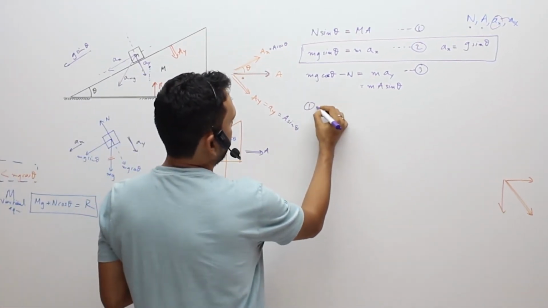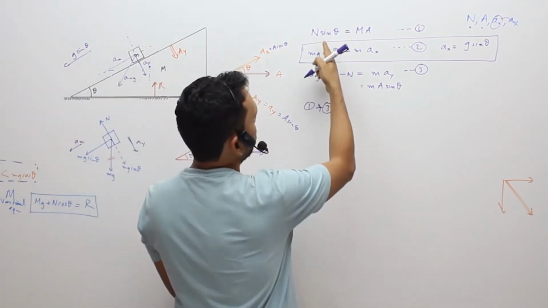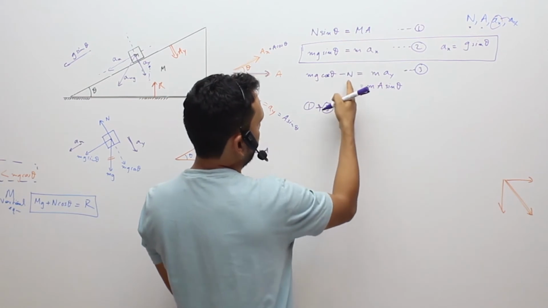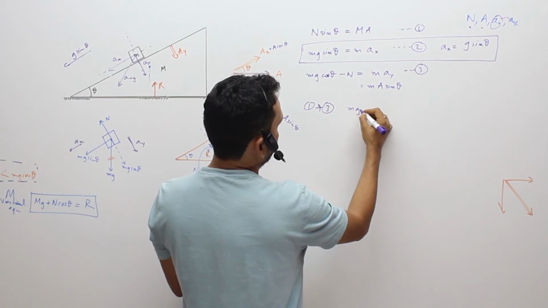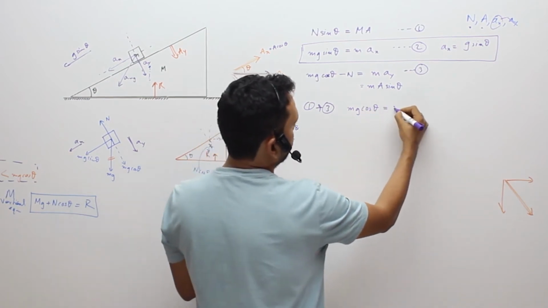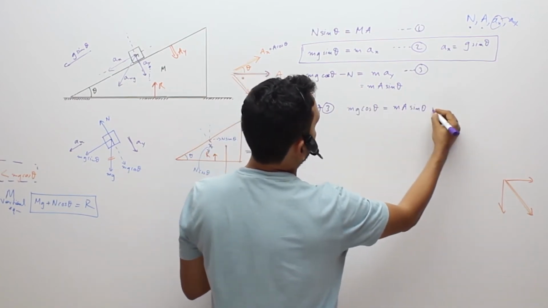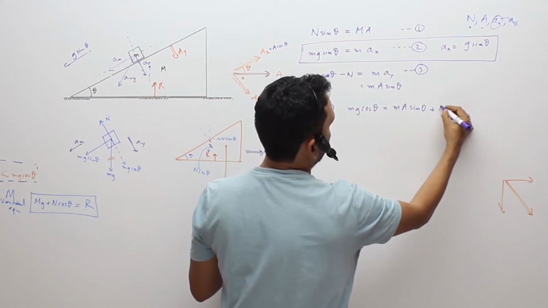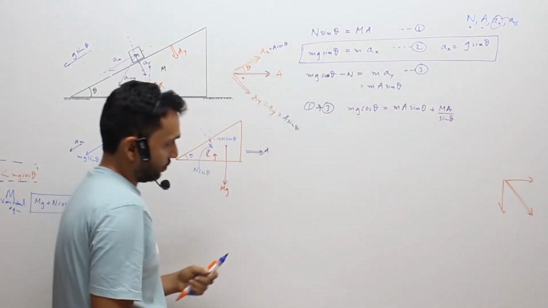From equation 1 and equation 3, what we get is N is equal to ma by sin theta. So I'll plug it over here and I'll get mg cos theta is equal to ma sin theta plus N, and N happens to be ma by sin theta.